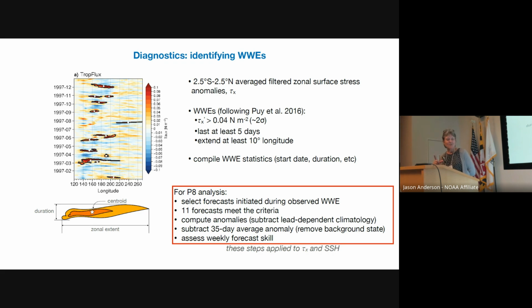And from those 35-day forecasts, we're looking at the anomalies with respect to the lead-dependent climatology. And then we also subtract the 35-day mean anomaly from each forecast to remove the background state. And so what we're left with is something that looks similar to this plot on the upper left.